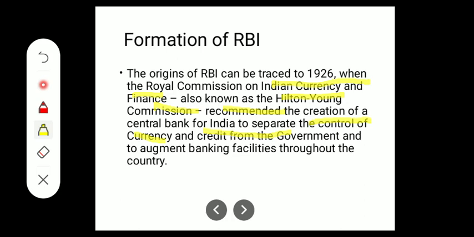It means simply the monetary functions should be given to RBI and the fiscal policy is given to the government of India.